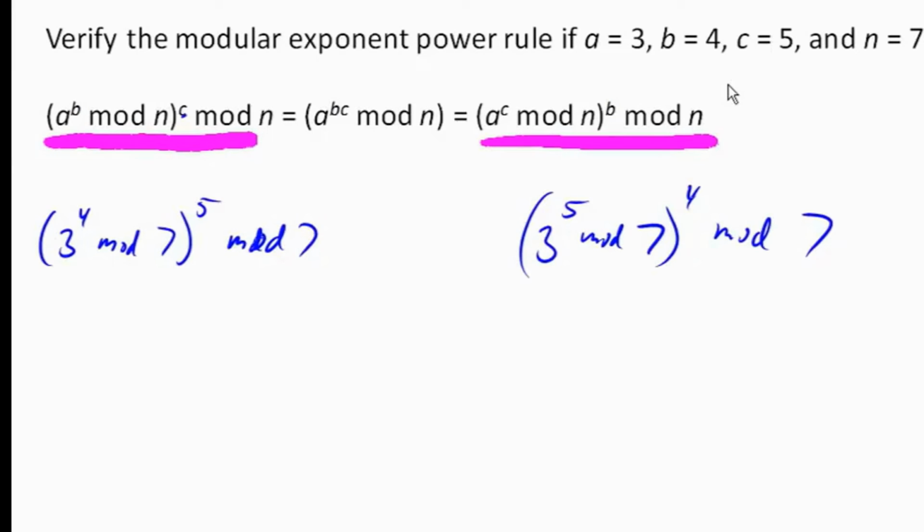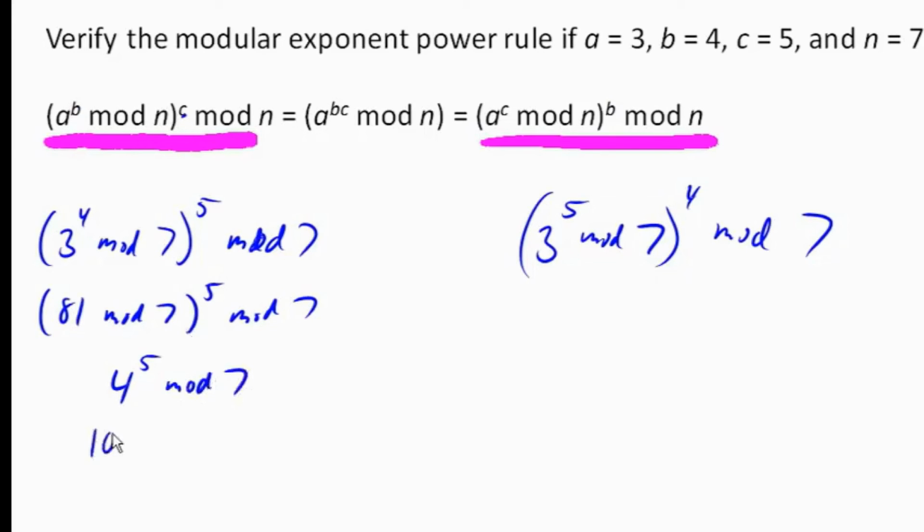So 3 to the 4th is 81. And 81 mod 7 is 4. Let's see, 4 to the 5th is 1024. And then we find the modulus was 7 there, and we get 2. So let's check over here. So 3 to the 5th is 243, and we're going to find that mod 7 here.